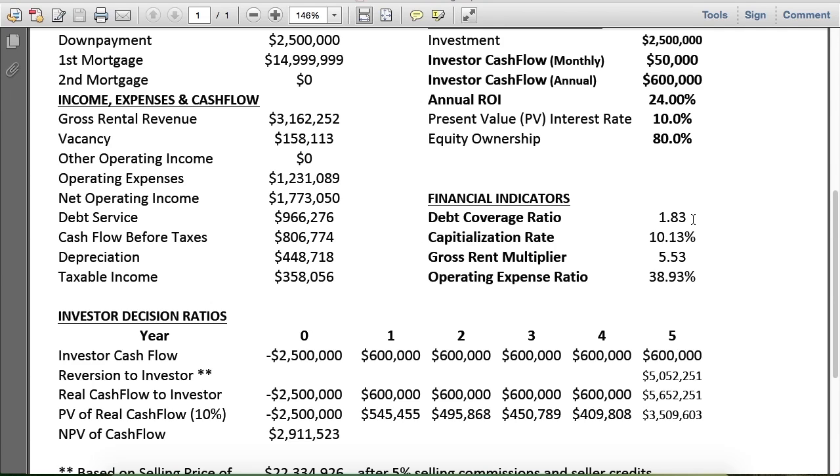You want it to be under 50%, and all that means is that's taking your total rent and how much are the expenses in the rent. So in this case it's only 38.9. So when you collect the rent, 38.9 goes to pay all of those expenses that I talked about in video 1. I will go into very detailed videos on every single ratio, and everything. So don't worry, we will get to that.